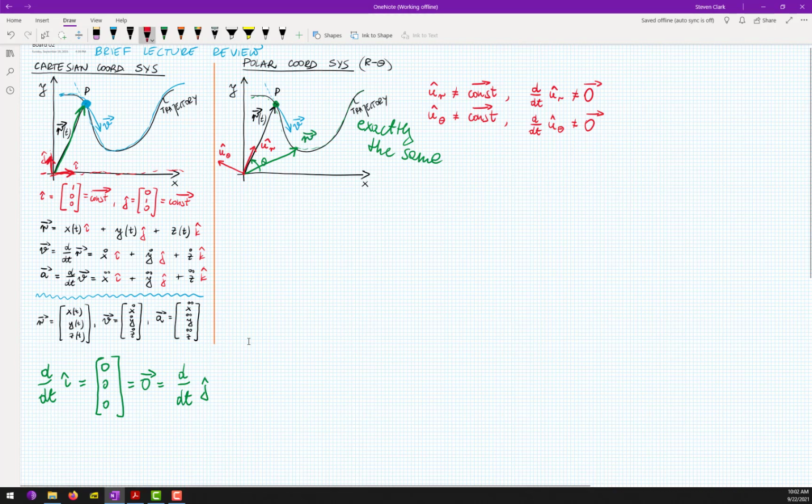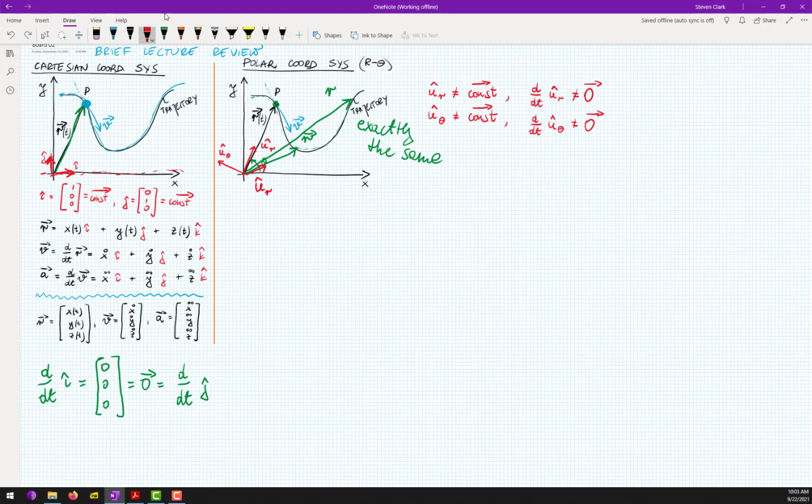That means that our ur also will change direction. Our ur will be in here. So our ur is not constant. At time instant 9 seconds, r was pointing here, and ur will be pointing here. Again, ur changes direction, and the direction of that ur is defined by that angle, theta.